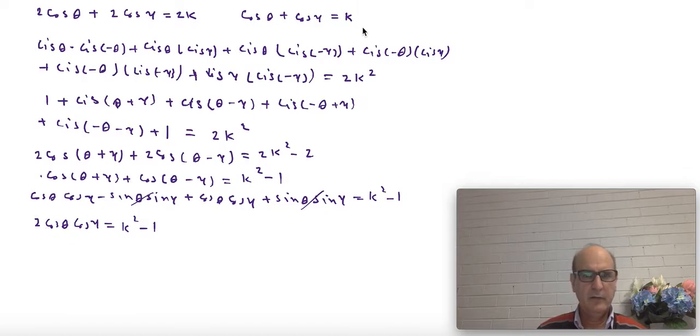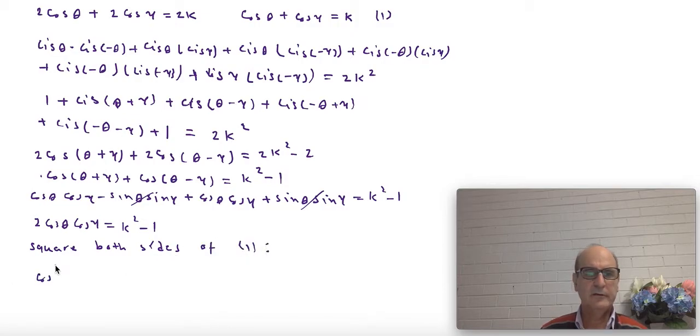Alright, now I'm going to use this and square both sides of that. So let's call this 1. So square both sides of 1. That will give me cos squared theta plus cos squared gamma plus 2 cos theta cos gamma equal to k squared.